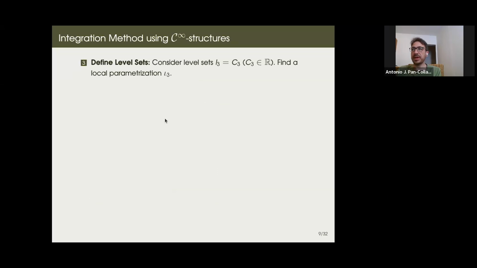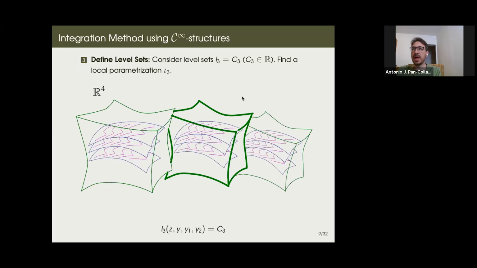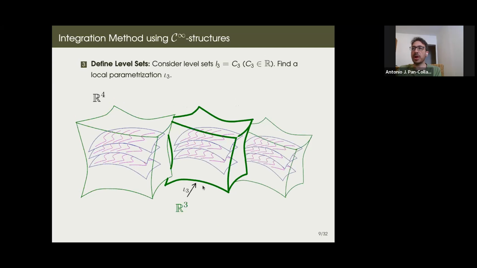So when we have I3, we consider the level sets, taking a particular value for C3. And at this point, when we choose a value C3, what we are doing is selecting a leaf of the more superficial foliation. And then we look for a local parameterization iota3 inside this leaf.